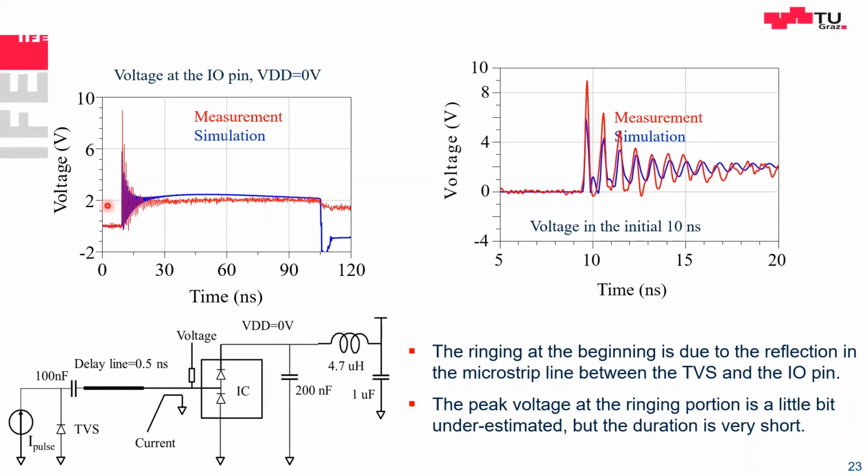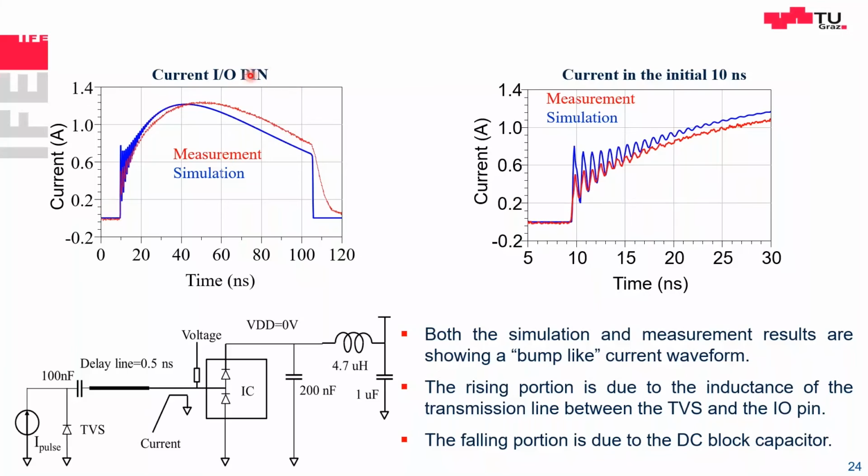Let's look at the current. This is the current flowing into the pin here. And we see it jumping up, ringing, then it goes up, then it goes down again. So look at the zoom. At the beginning, the current rings. Of course, it's the same as the voltage, same phenomenon, transmission line, both sides very low impedance.